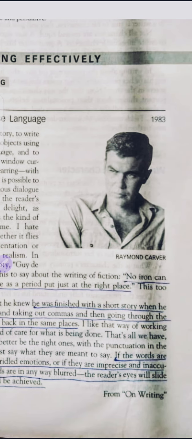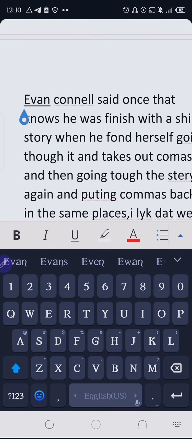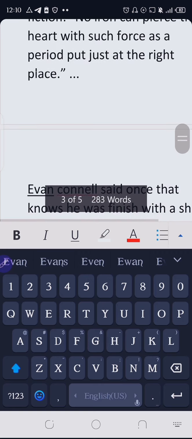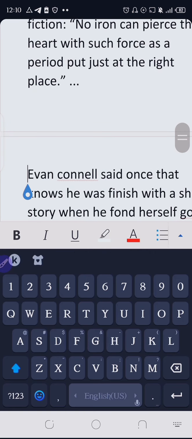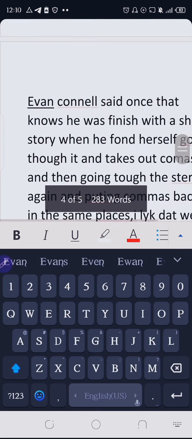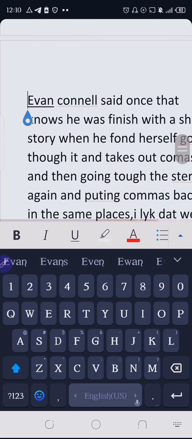So you get that. Now we come to a fresh paragraph. Evan Cornell said, now let's see, is this paragraph right? So we are using block paragraphs, right? So use double enter.